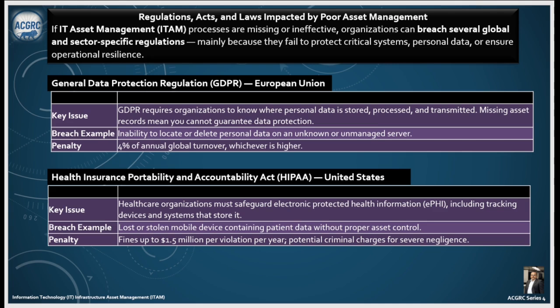That means if you have an asset which is missing, a different asset with attributes missing, an asset where the patches are missing, an asset where the configurations are not in line or the mapping is not in place, these are individual violations. So every violation can be $1.5 million. It can go up to that.